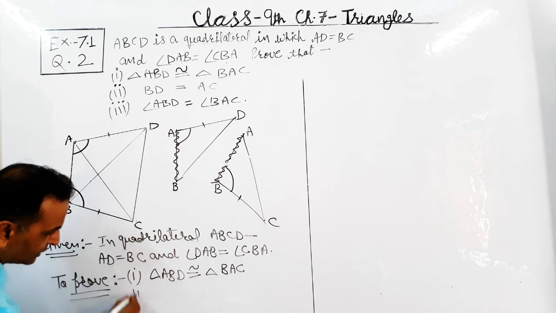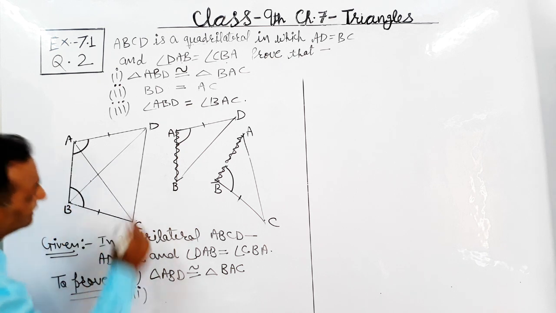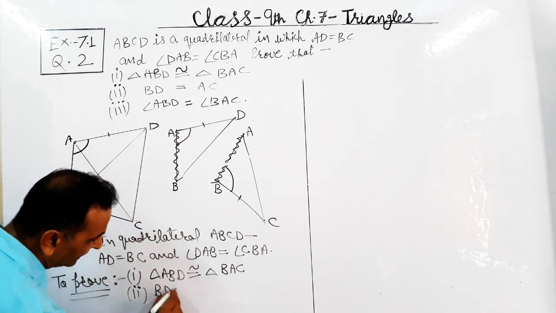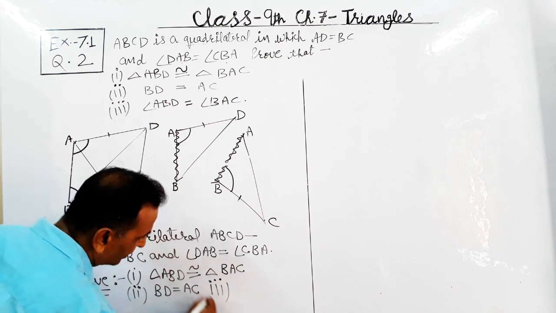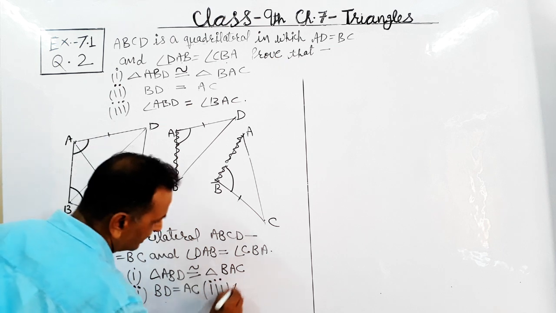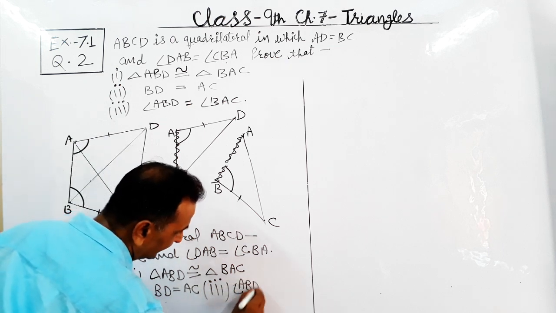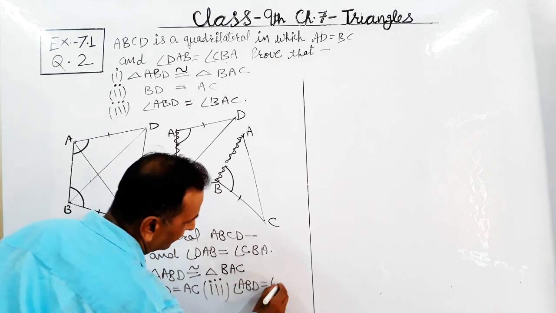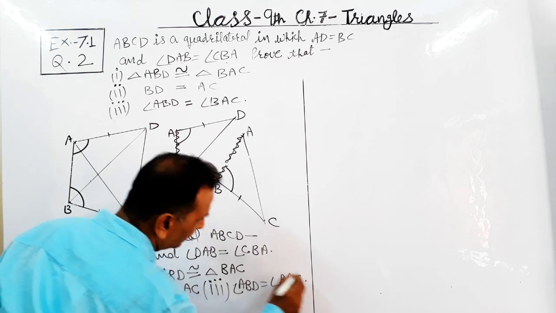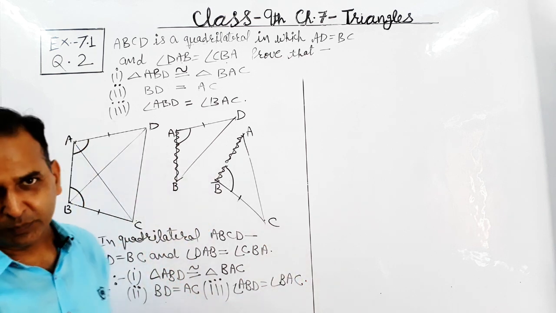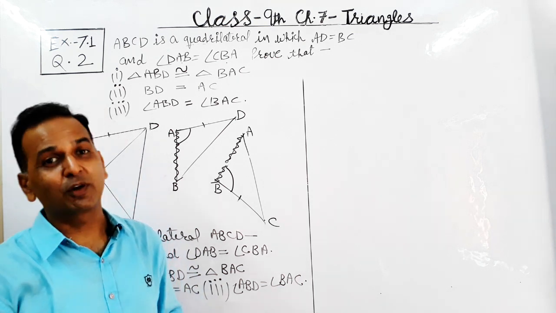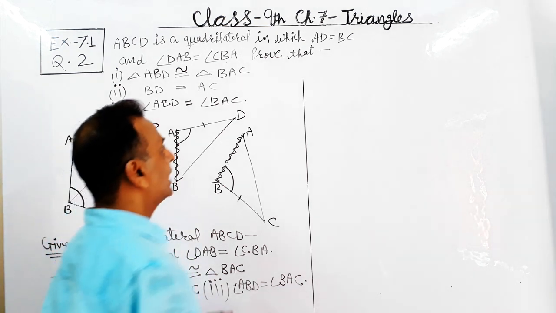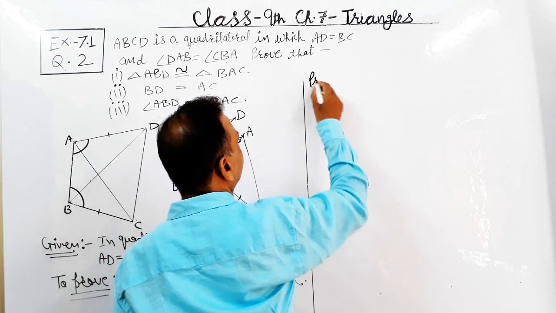Second part, as we can see in the statement, is BD equals AC, and the third and last part to be proved by us is angle ABD equals angle BAC. So this was all about the to prove. And now, because there is no need to write any construction, we will go to the proof. So now come to the proof.